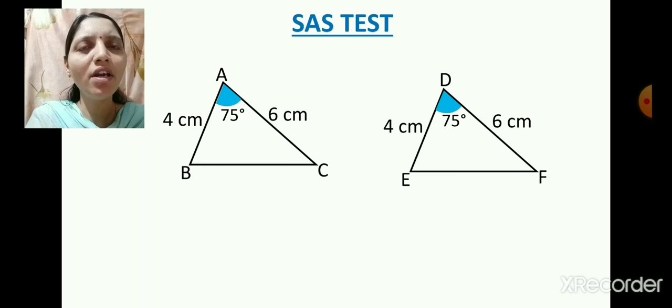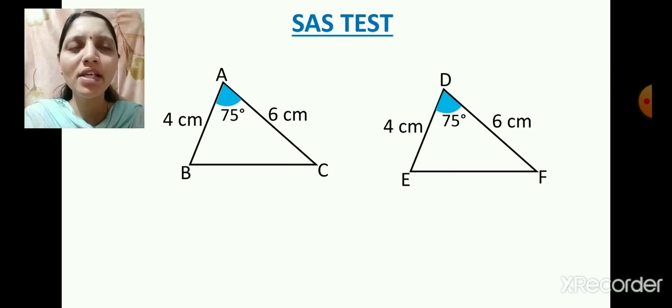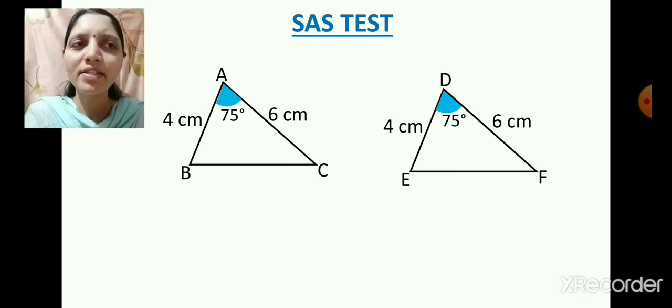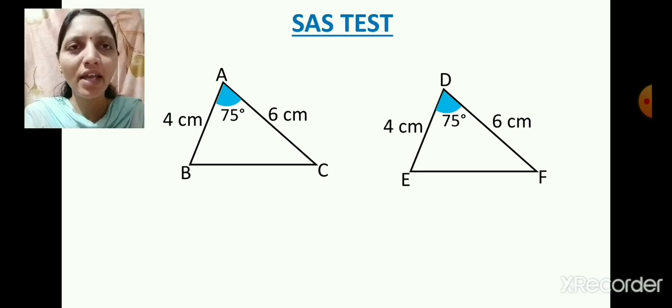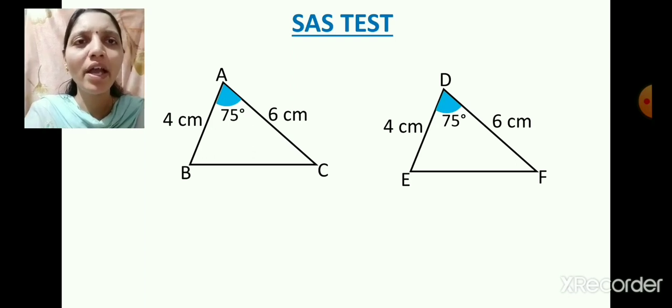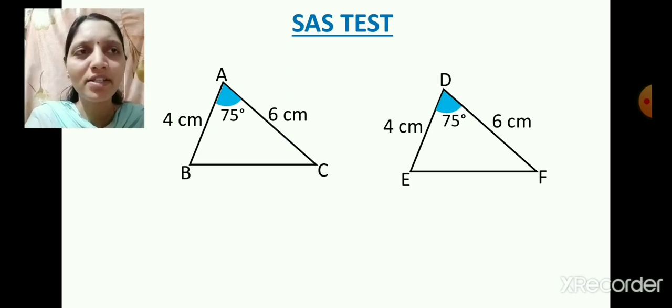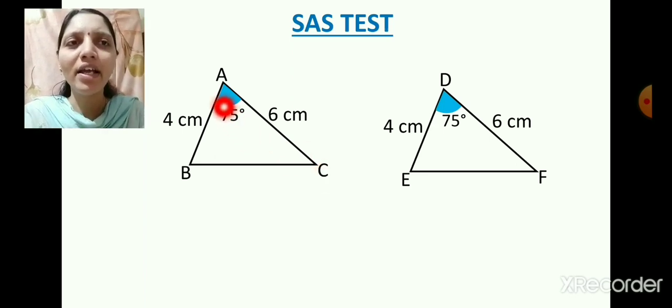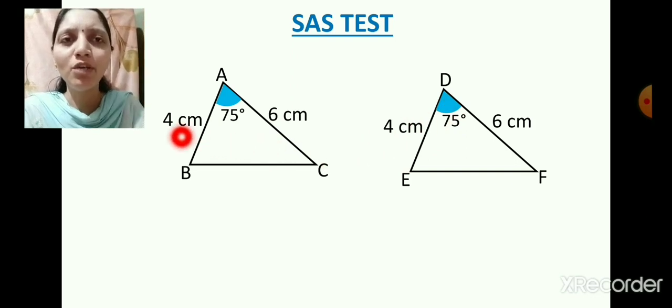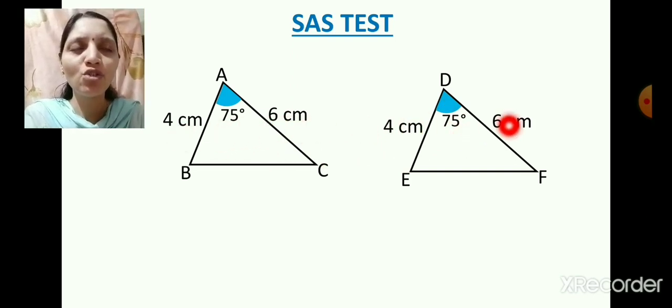If you consider vertices ABC corresponding to vertices DEF, then side AB is equal to side DE, side AC is equal to side DF, and angle A is equal to angle D. That means the corresponding two sides are equal and the corresponding angle is also equal, and angle A and angle D are between these two congruent sides.